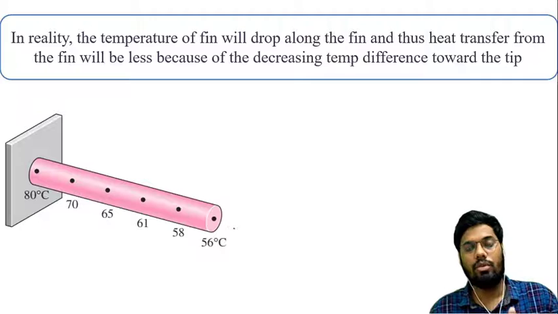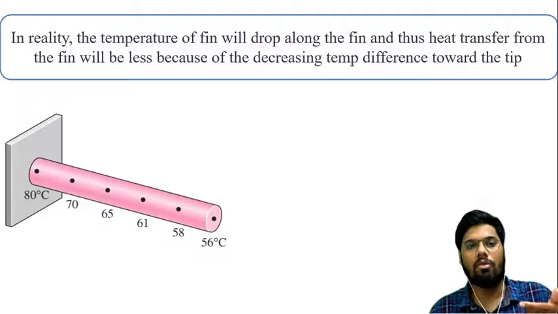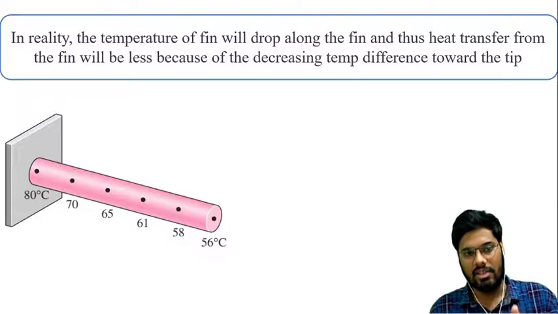The temperature is going to drop because whatever heat is conducted from the base to the fin, simultaneously that amount of heat is rejected to the environment by convection, and there is also a conduction resistance continuously offered by the fin material which resists the heat flow in this direction.